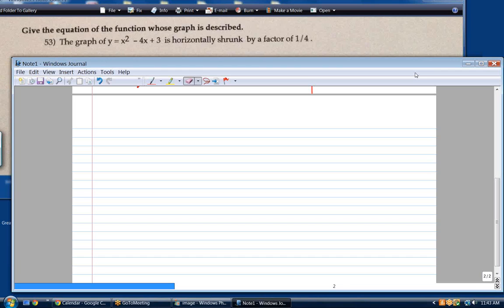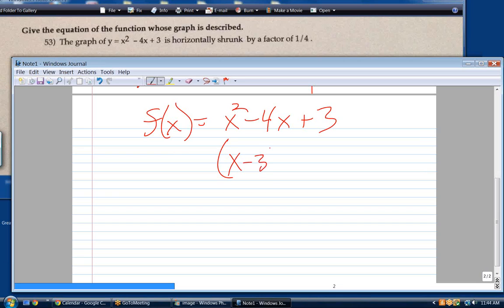Give the equation of the function whose graph is described. Okay, so we have f of x equals x squared minus 4x plus 3. Well, you'll notice that that factors into x minus 3 times x minus 1, which is a parabola.